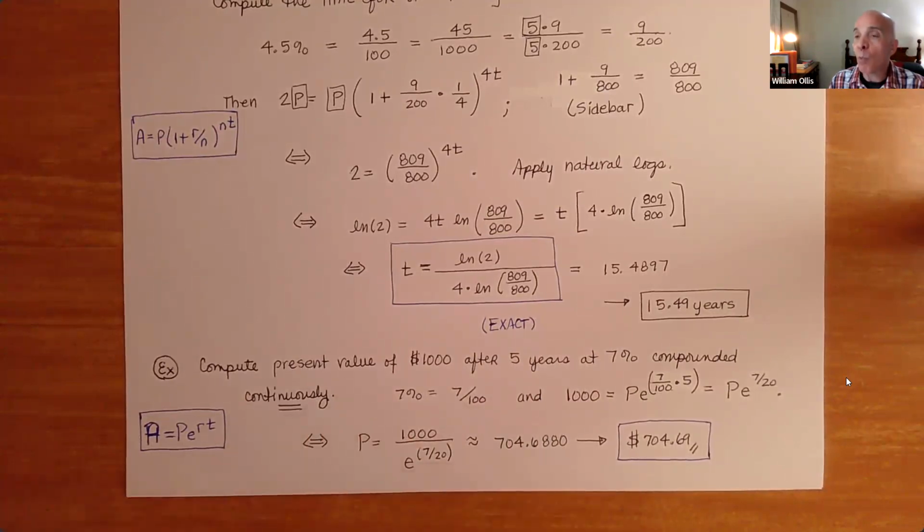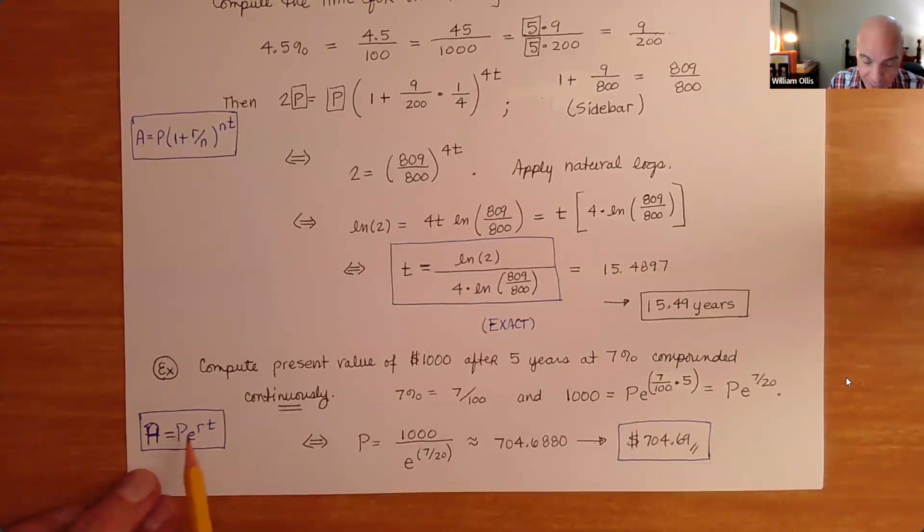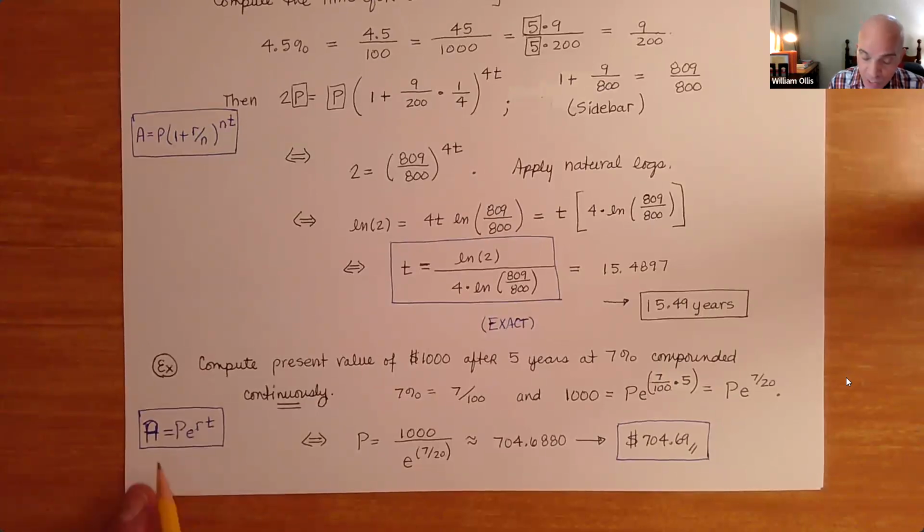Never. You will always know what formula you need to use based upon the words in the problem. So that will never be an issue for you. So now we have the amount is equal to P e^(rt), or e raised to the rt power. But notice now the amount is the 1,000.